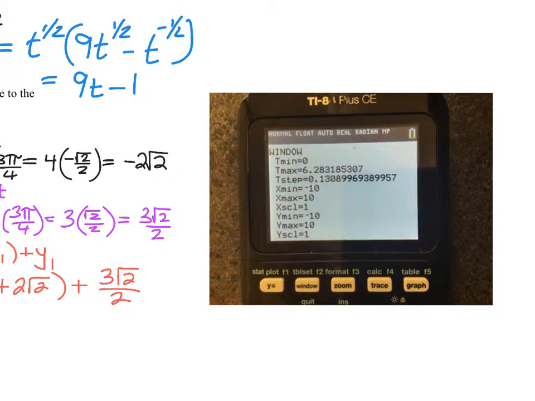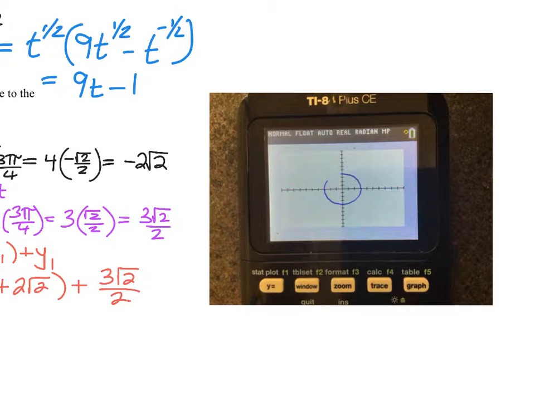So I'm going to change my window, my T min and T max, to something a little bit more extreme. So negative 10 to 10. T step, remember we want to keep that small. In the case of a line segment, we're not worried, because if it's going to connect 2 points along the line segment, it's going to come up with a line segment, so that's fine. It's when you have curves that you have a problem.